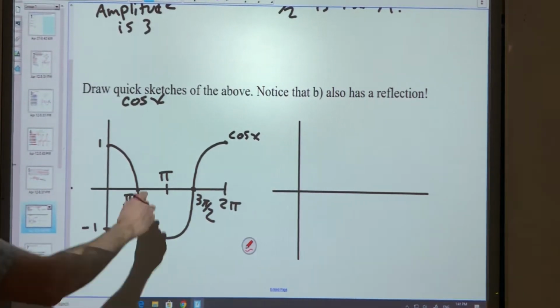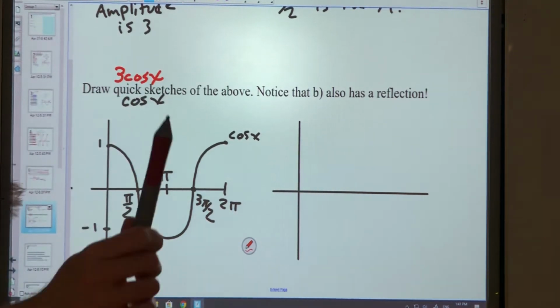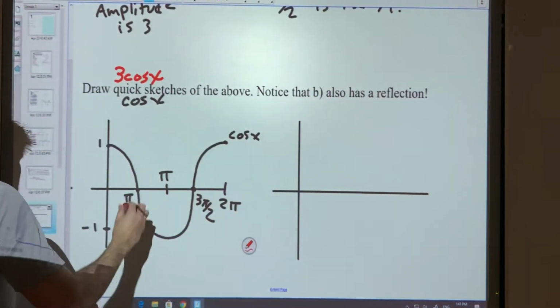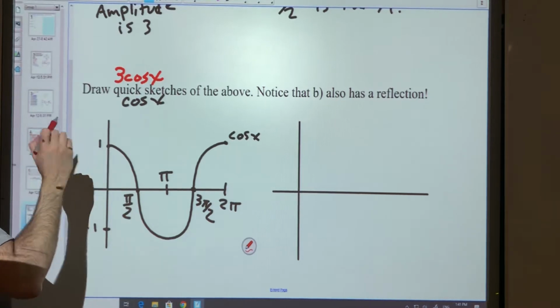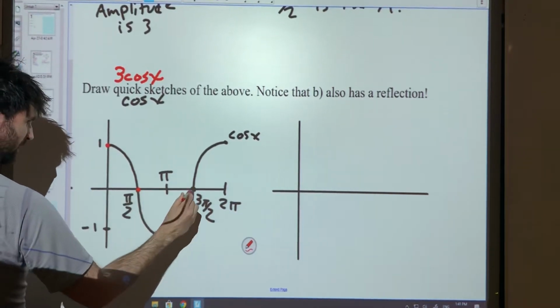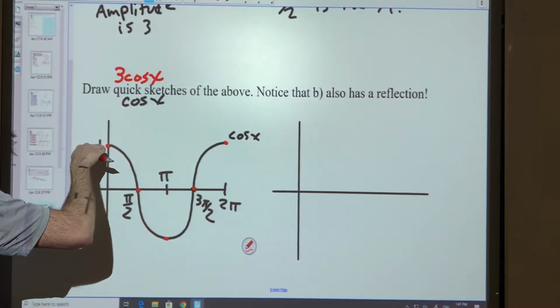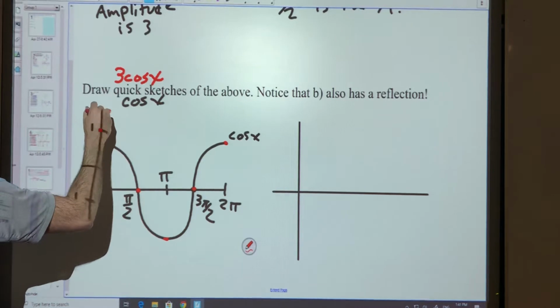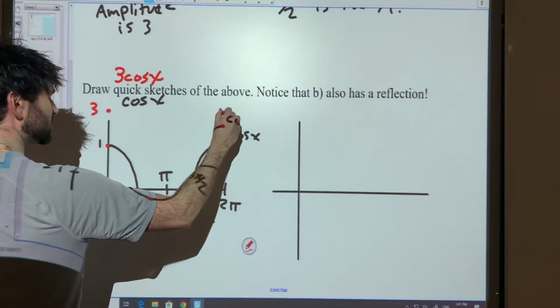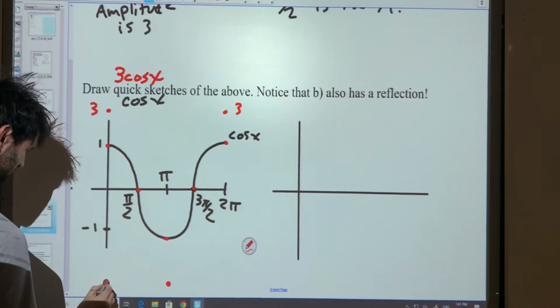Now, we're doing 3 cos x. So I'm going to do that in red. I don't have quite enough room, but all that's happening is we're multiplying our y values here, here, here, here, and here by 3. So what happens to the amplitude? Well, the point at 1 jumps up to 3. So I'm just going to label it 3. This point here jumps up to 3. This point here jumps down to -3.